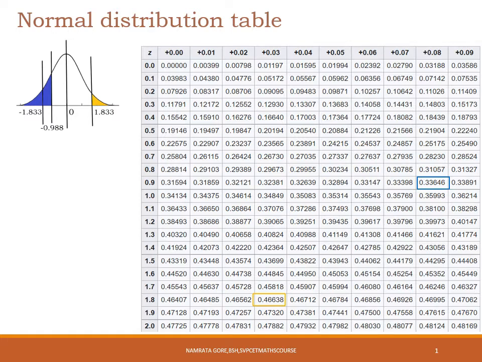Now the next type is when we want the probability or the area lying between z equal to 0.8 and z equal to minus 1.933. So this is the area between z equal to 0 and z equal to 0.8 plus the area between z equal to 0 and z equal to minus 1.933.